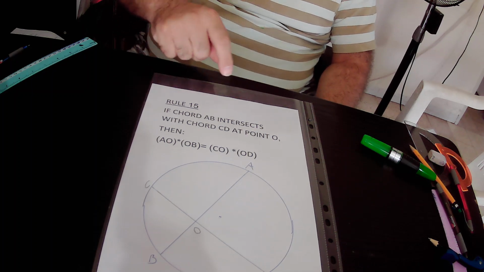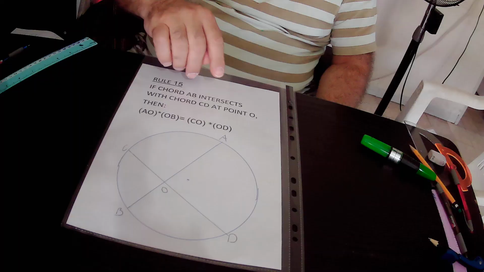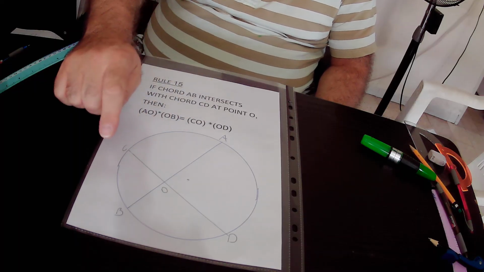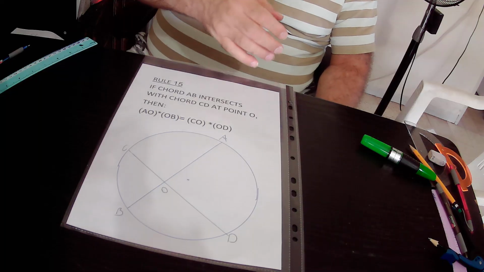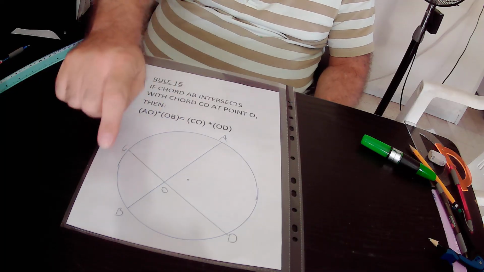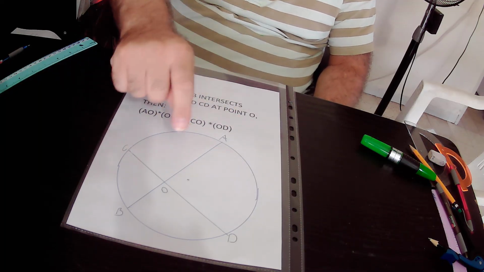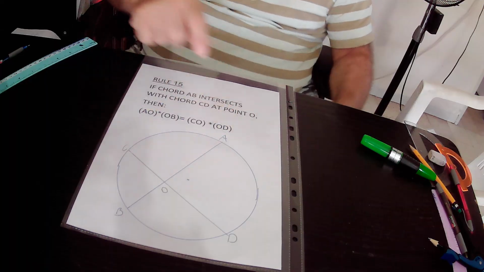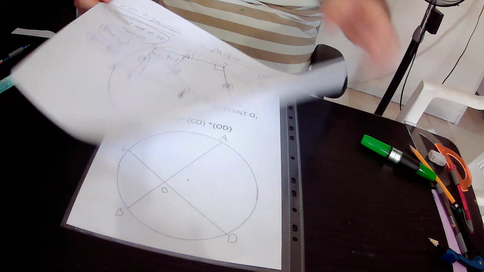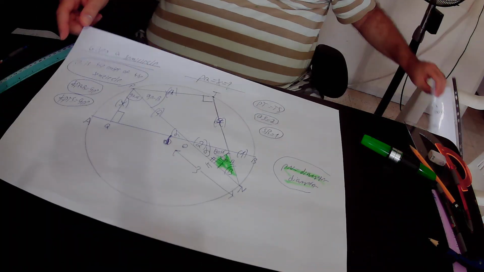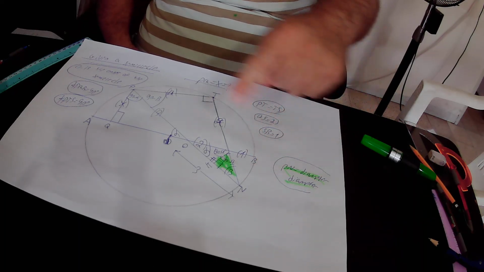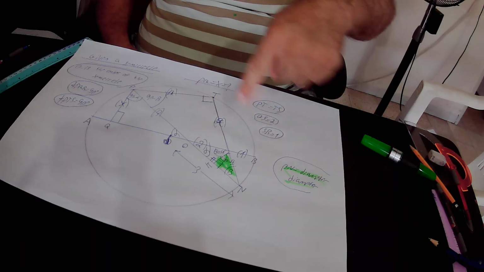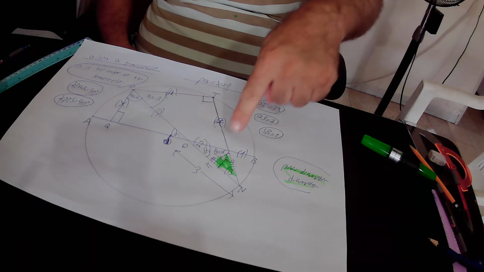Again, we have in the domain a circle, and we have chord AB that intersects with chord CD at point O. So we can implement rule 15 in our domain. Why? Because in our domain, we have chord TN that intersects with chord AB at point S.